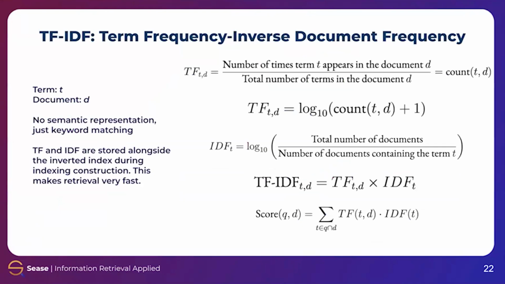Okay, this is just to be on the same page. TF-IDF stands for term frequency, inverse document frequency. You can see the formulas. I'm not going to read them, but I think everyone here knows it. A score is associated with each term of the query and each document inside the corpus. All the numbers are stored in an inverted index during indexing, so it's very fast to retrieve, and then the score is computed.